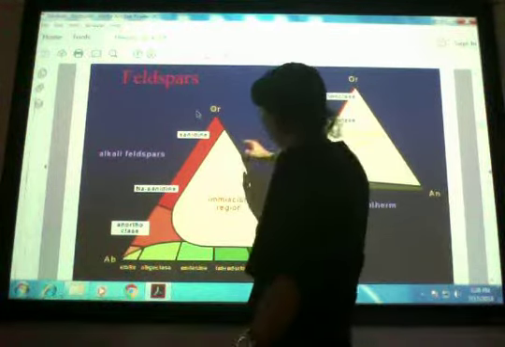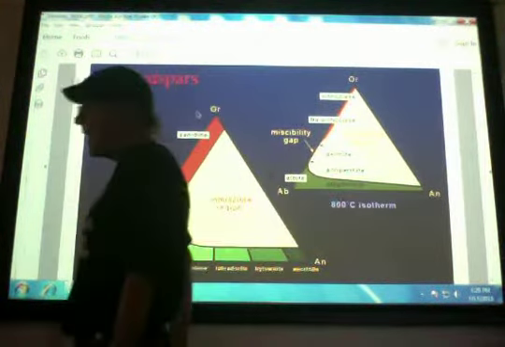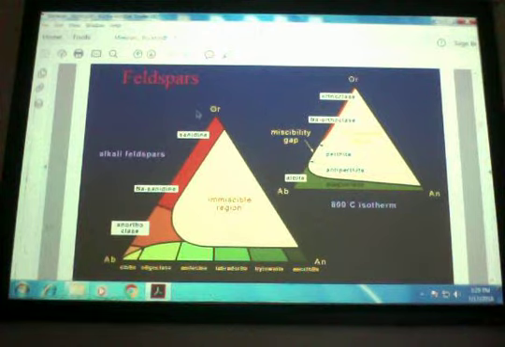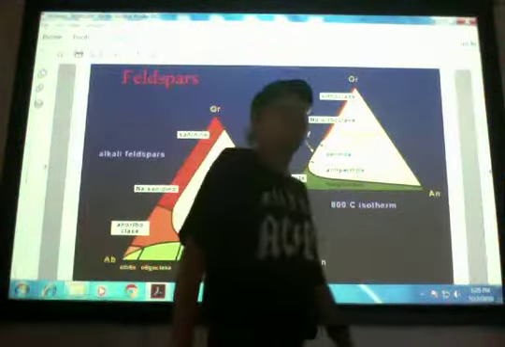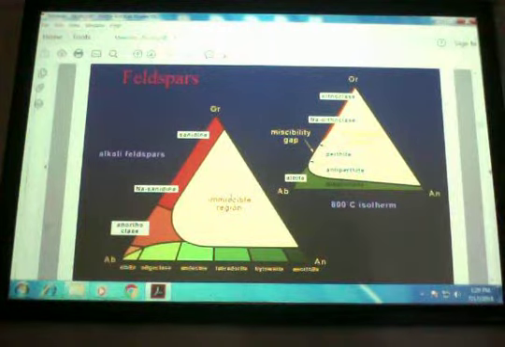So the sanidine, that is the high temperature feldspar, is formed always, I mean of course at a higher temperature, therefore I'm telling you it's the high temperature feldspar, but the sanidine occurs only in volcanic rocks, yeah?